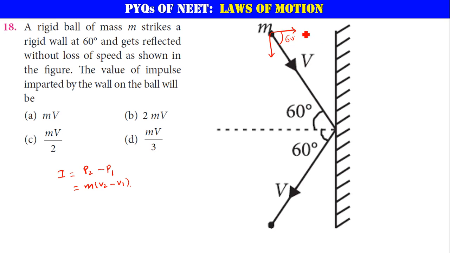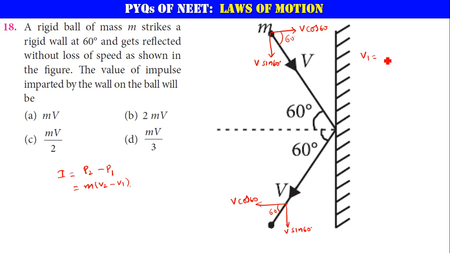Okay. Velocity, what will be the velocity here now? V cos 60. What will be this velocity? V sin 60. Similarly, what will be this velocity now? And this velocity now. So this is 60, so this will also be 60. Same angles, na? So here, this will be V cos 60. This will be V sin 60. Okay. So now, what is initial velocity?